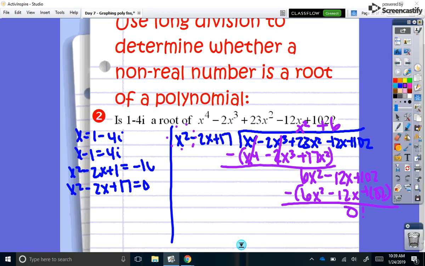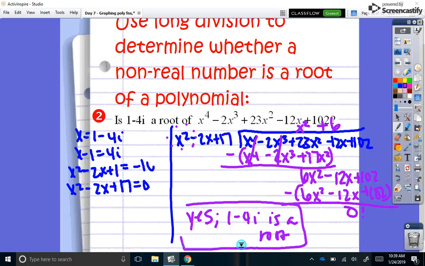For this problem, you get a remainder of 0, so I can say yes, 1 minus 4i is a root. If I asked you why, you would just say simply, when doing long division, the remainder is 0.